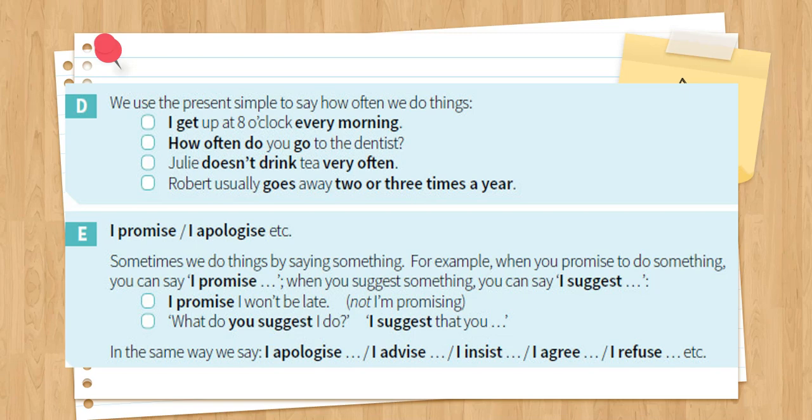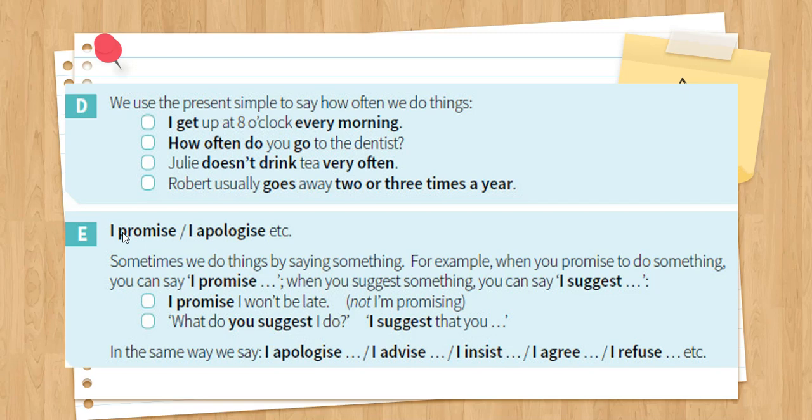Julie doesn't drink tea very often. This is in negative. Remember, negative, doesn't. Robert usually goes away 2 or 3 times a year.